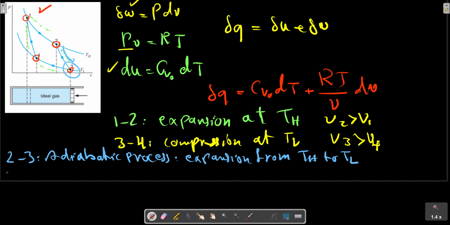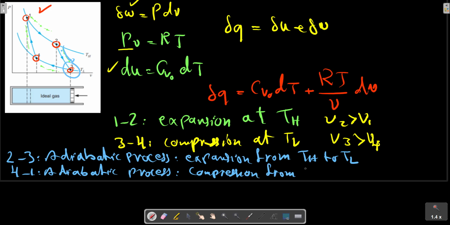While the adiabatic process 4 to 1 is a compression from T_L to T_H, with a decrease in specific volume.